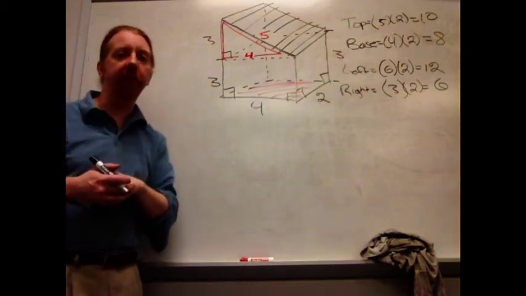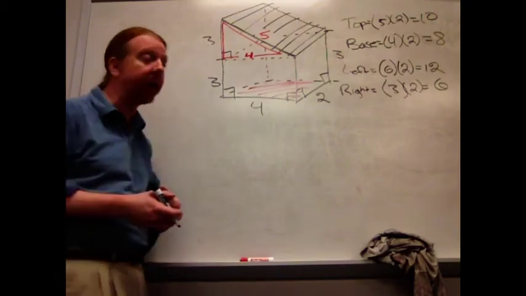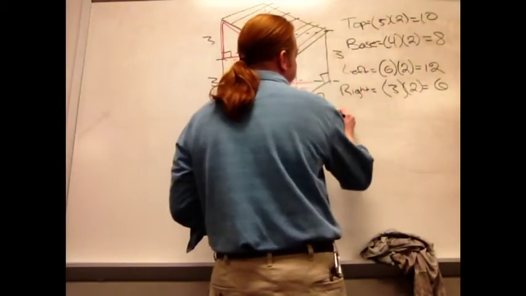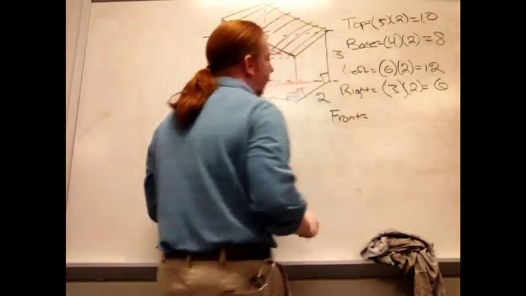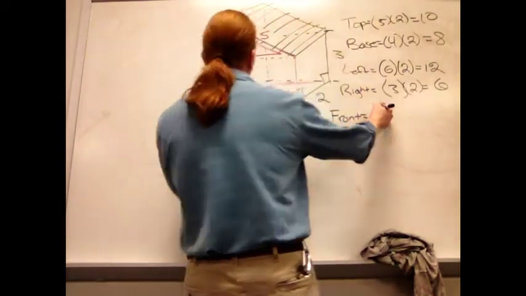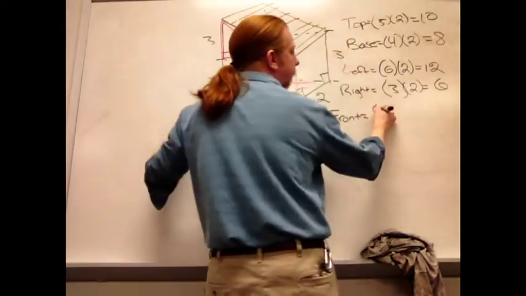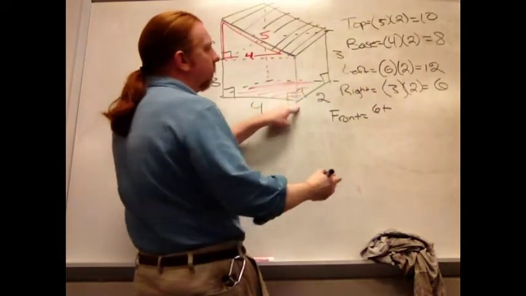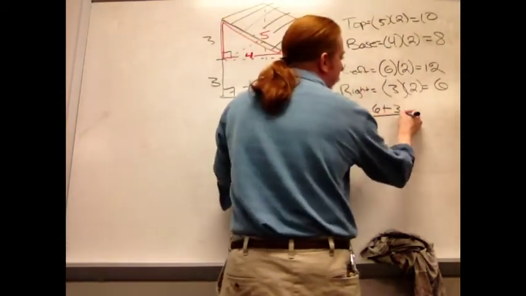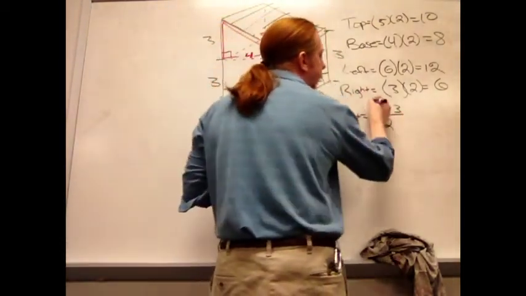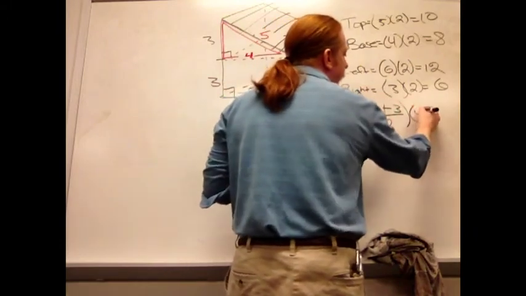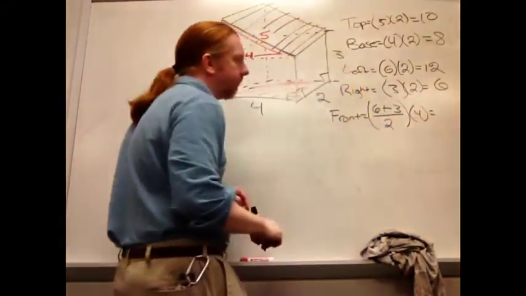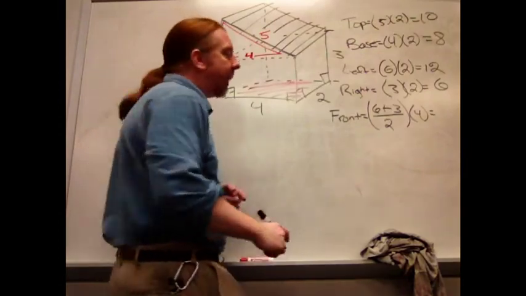I'm going to use the trapezoid formula, though, to save myself a little bit of writing. So the front is a trapezoid, so it's going to be base 1, 6, plus base 2, 3, all over 2, times a height of 4. And that simplifies then to 18.